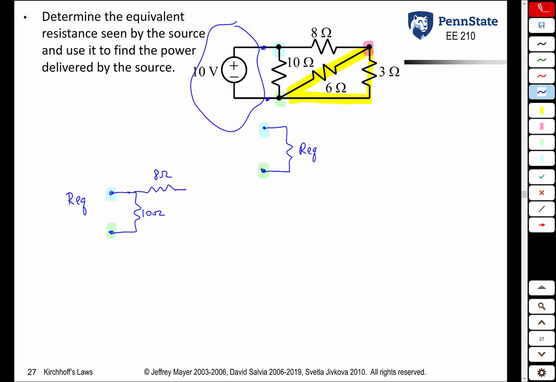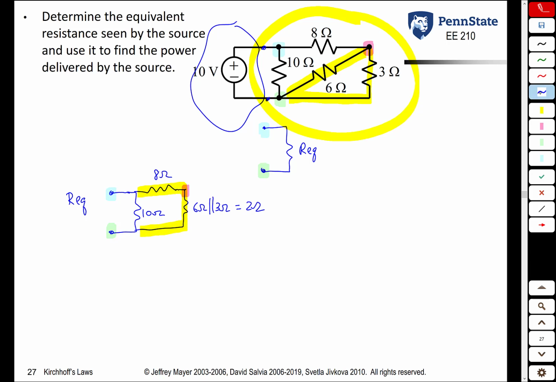Now, between the pink and green nodes, we now have this equivalent resistance of 6 in parallel with 3. So 6 ohms in parallel with 3 ohms, which is 2 ohms. Once we do this parallel combination of the 6 and 3 ohm resistor, notice that that is now in series with the 8 ohm resistor. Up in this circuit here, it was not, but in this circuit, the 8 ohm is in series with this combination of the 6 and the 3 ohm resistor.